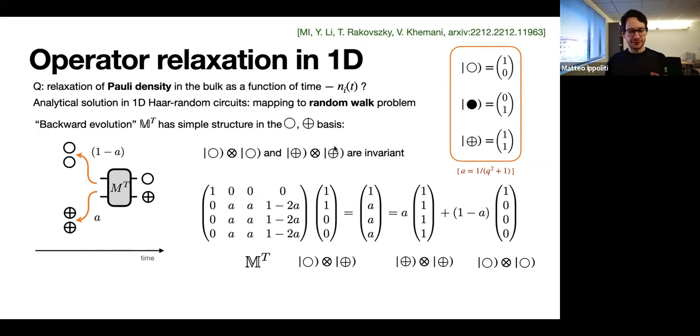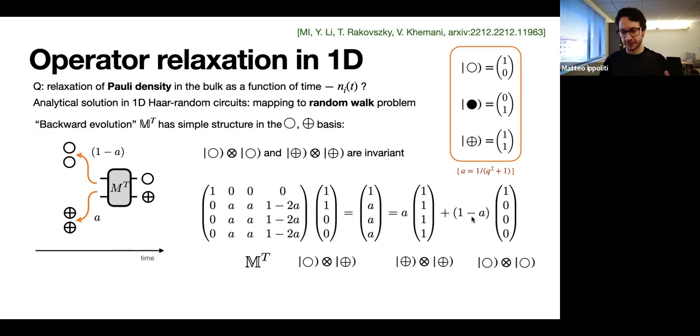What happens is that if you now have a semi-infinite domain of identity touching a semi-infinite domain of pluses, then this domain wall between them evolves in a simple way that is going to describe a random walk. So you can see the calculation here. Maybe it's not so illuminating, but the important point is that this domain wall, where they touch, is going to hop either to the left or to the right with probability a and 1 minus a.